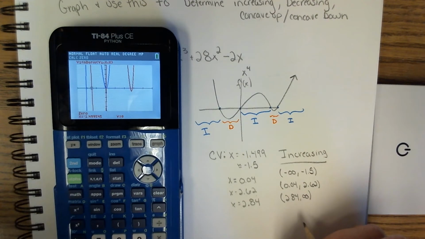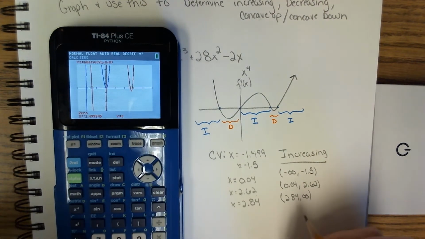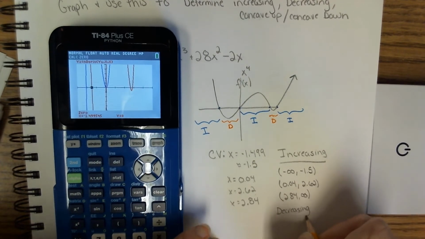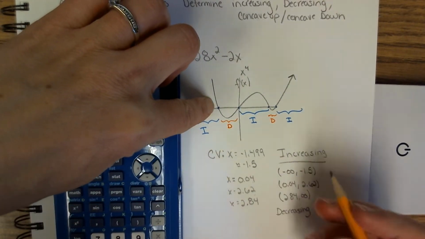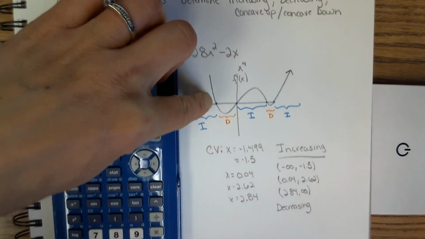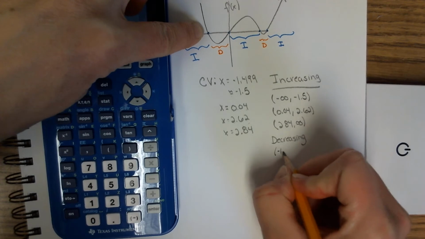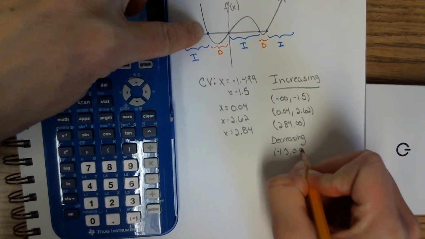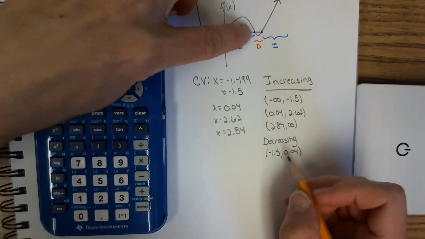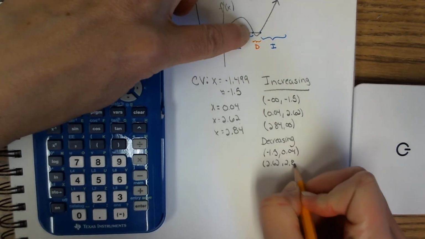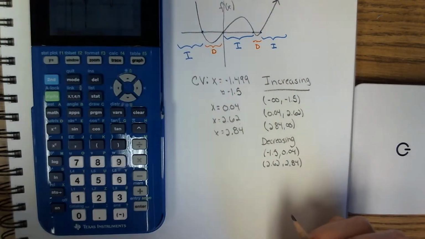So I have multiple locations of increasing. Decreasing, I have 2 intervals, so between the first 2. That's going to be negative 1.5 all the way to 0.04. And my second one, which is my 2.62 to my 2.84. So those are my 2 locations there.